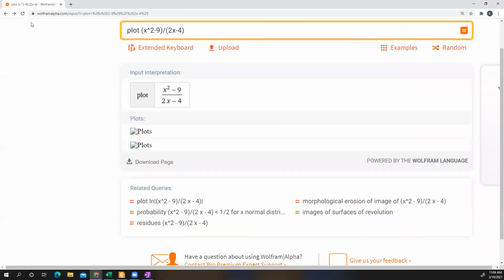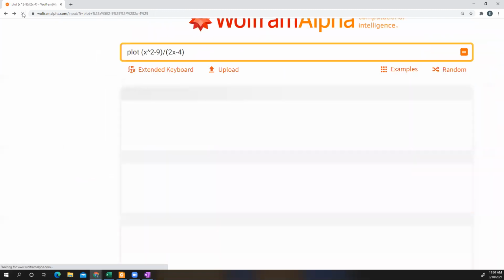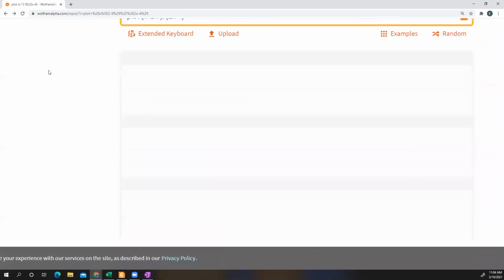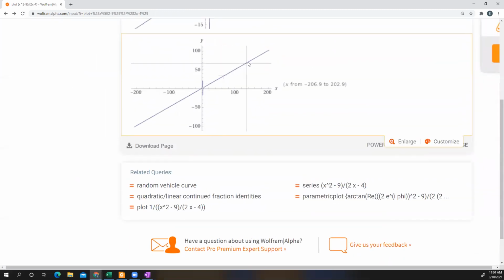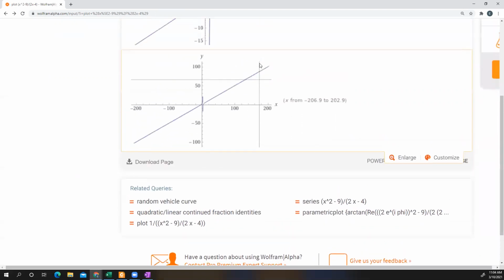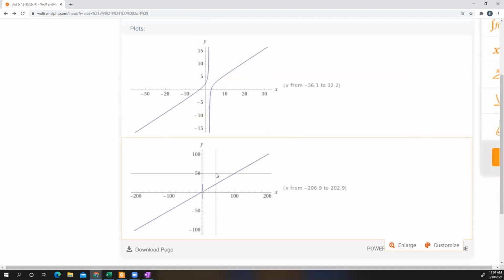Look at right here. It almost just looks like the line 1/2 x plus 1. It won't equal it, but it'll be approximately equal to it. So as x gets large, the function just looks like the line 1/2 x plus 1.